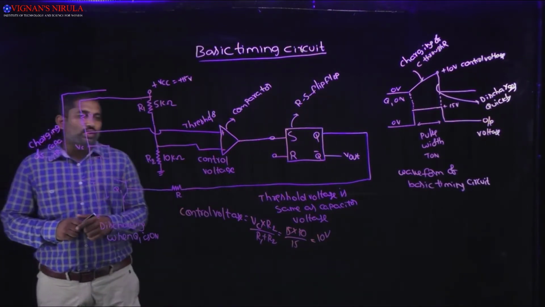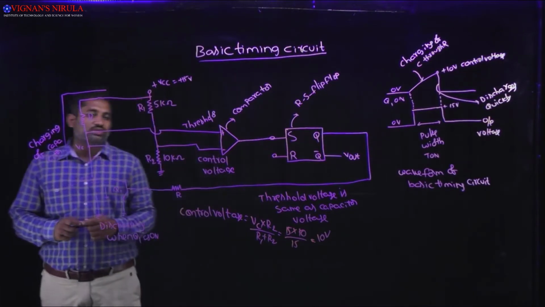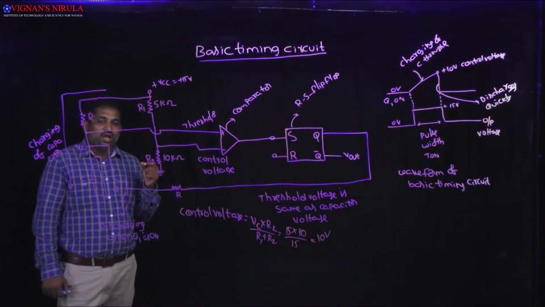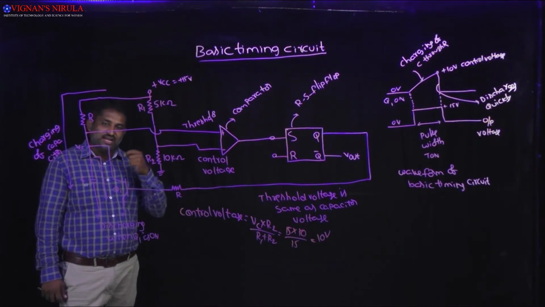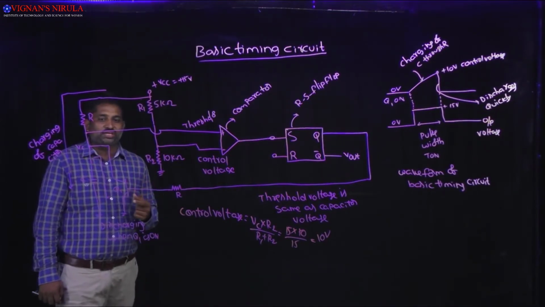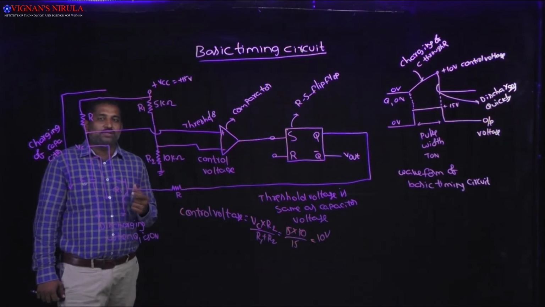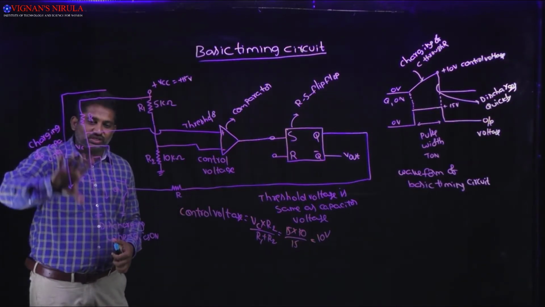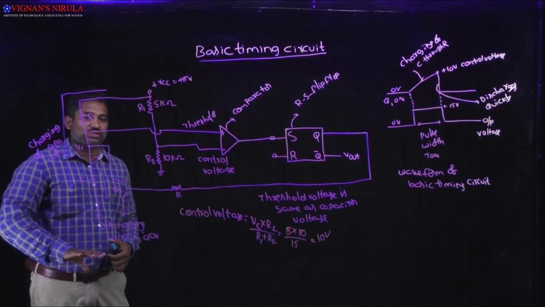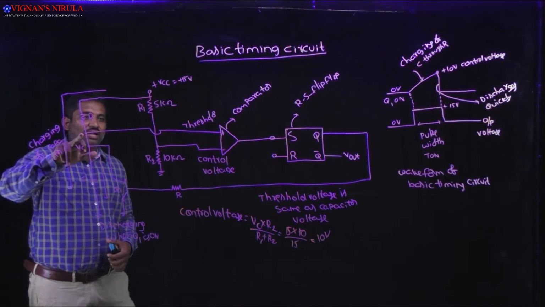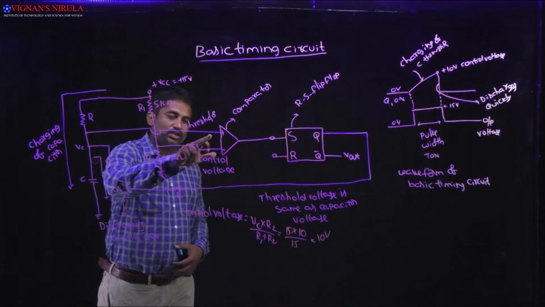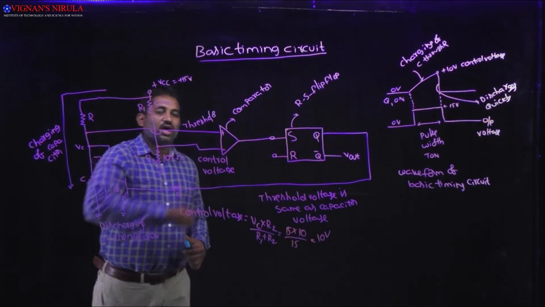Now we are going to see the threshold voltage. This non-inverting input of the comparator is considered as the threshold voltage that will be applied because of the charging and the discharging of the capacitor. If the capacitor is charging, then that will be applied as the threshold voltage to the non-inverting input.